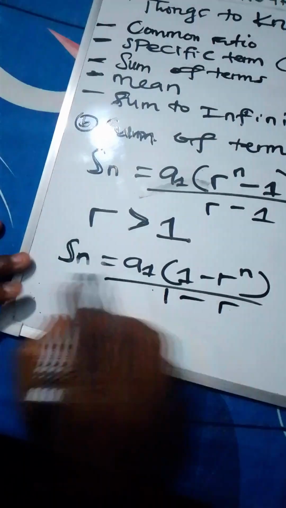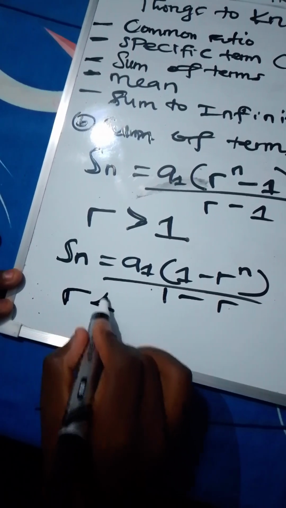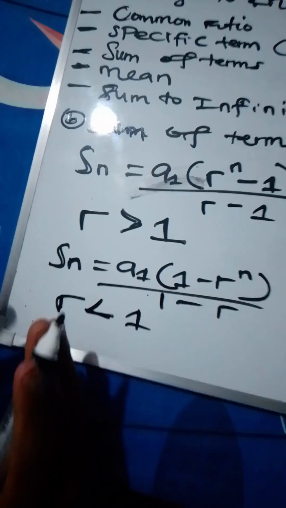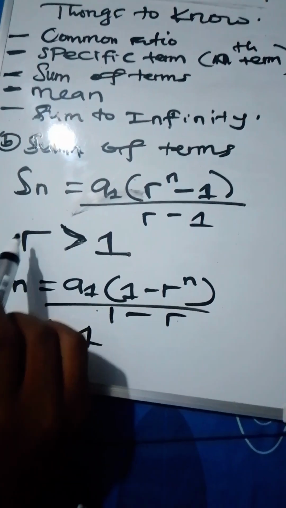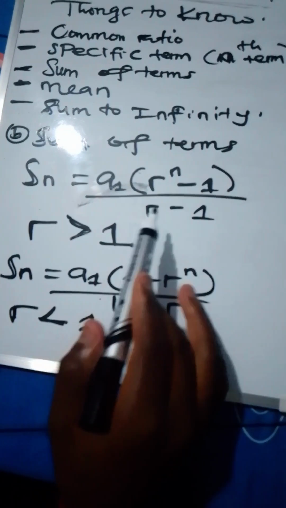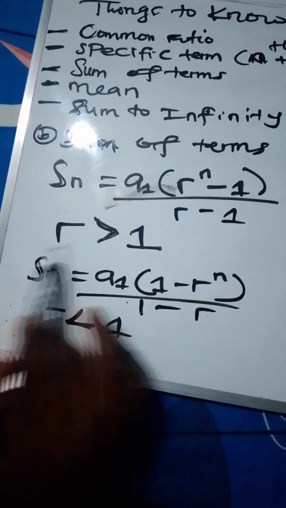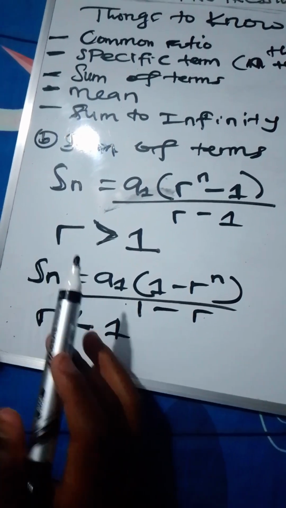This one we use when the common ratio is less than 1. You really need to be careful because pupils miss this part. When the common ratio is greater than 1, you use the first formula. When the common ratio is less than 1, you use this formula. So that's all about the sum of terms.